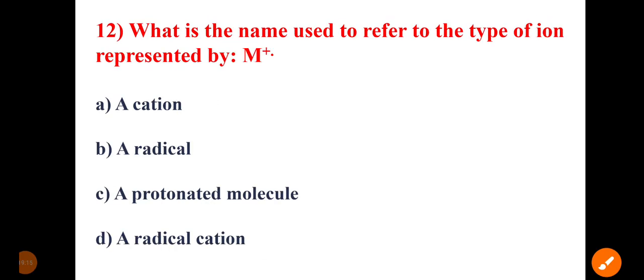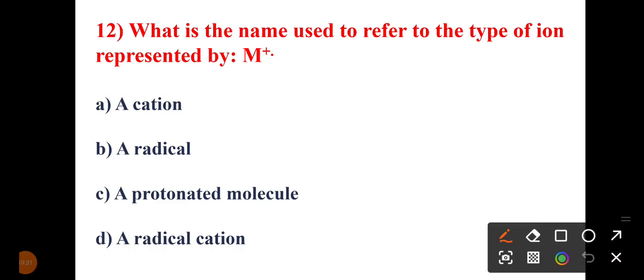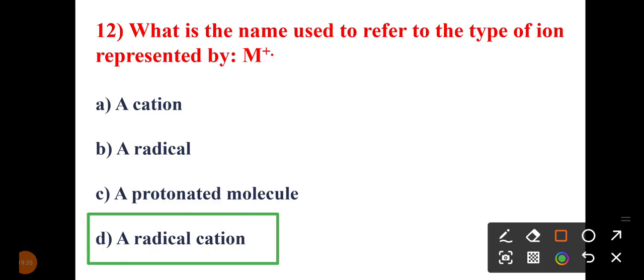Okay, the next: what is the name used to refer to the type of ion represented by M plus radical? Previously we have seen this. That is nothing but the radical cation.